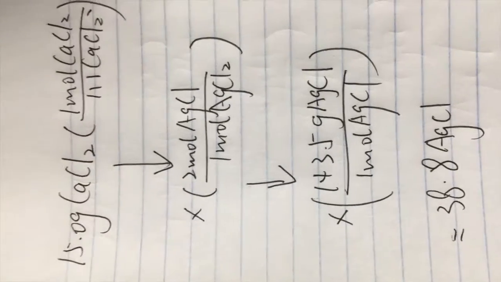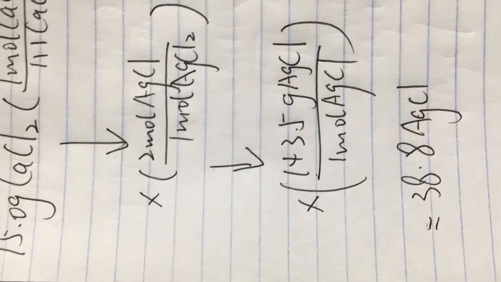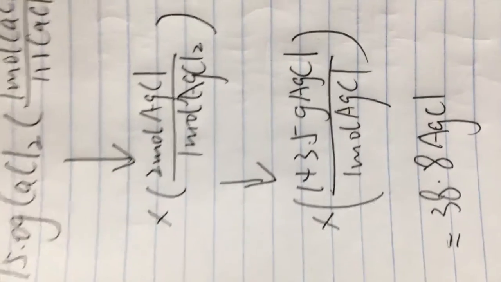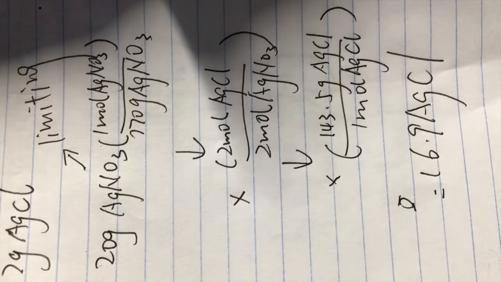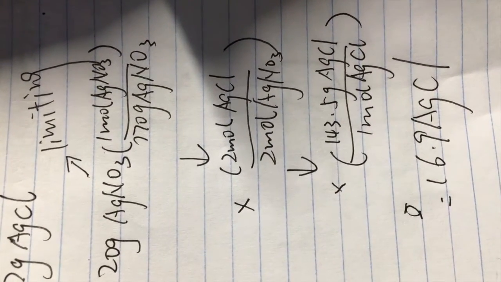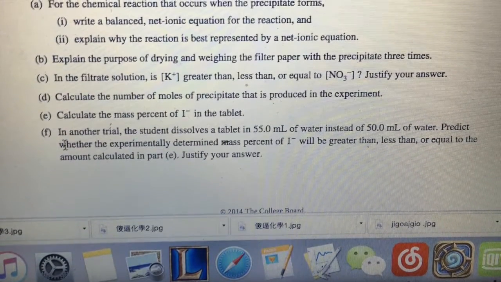So 15 grams of CaCl2 can get 38.8 HCl in the product, so we can know HNO3 is the limiting reactant, so the answer for HCl is 16.9.